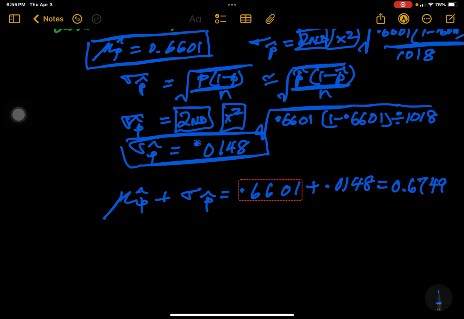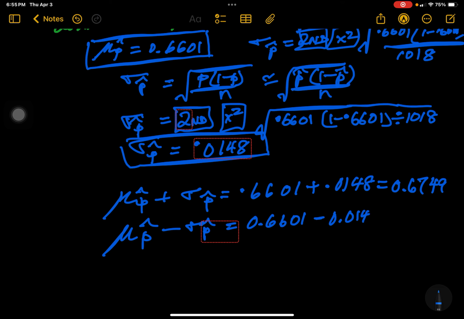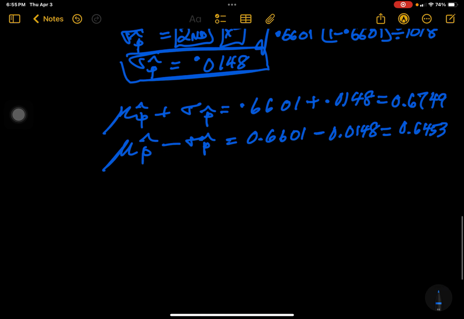Because we have to find the area to the right of this and the area to the left of mu p hat minus sigma p hat, which is 0.6601 minus 0.0148, which is equal to 0.6453. So let me draw the picture correctly now.